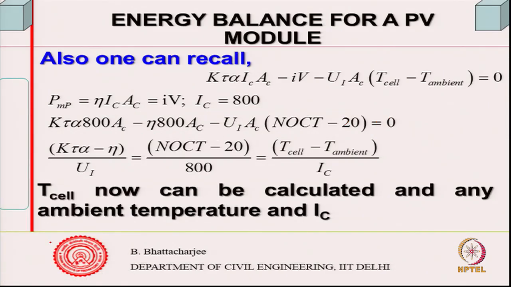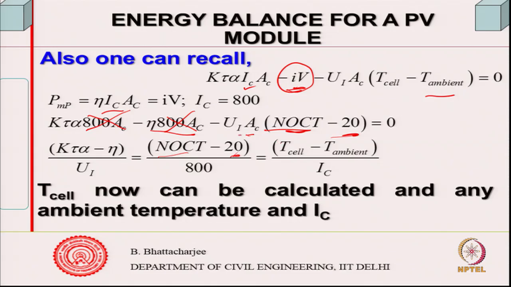If I write it like this, I replace this by eta I_C A_C, because this is efficiency multiplied by the input radiation, which is 800 into A_C. Then you can see that I can get an expression for NOCT, and take the ambient as 20. So, at 20, which is the laboratory condition, and this is the nominal operating cell temperature, I can write an expression like this, and you can see that from everywhere these terms will cancel out, right.